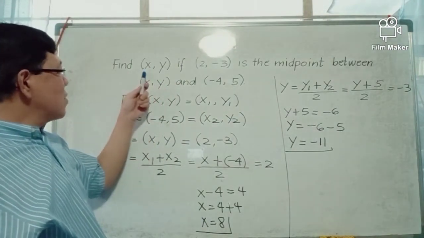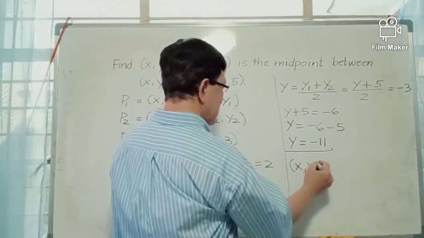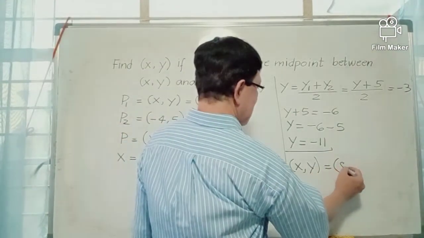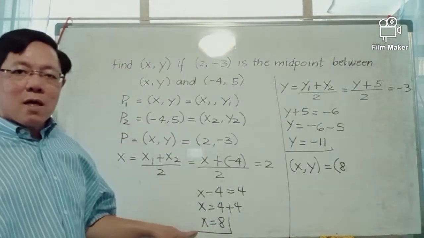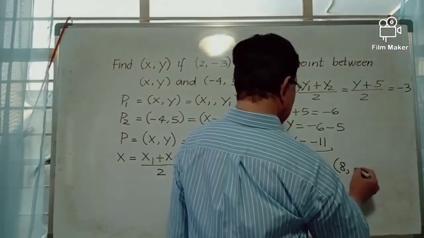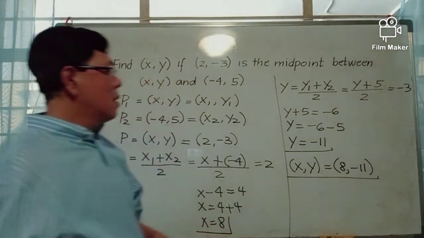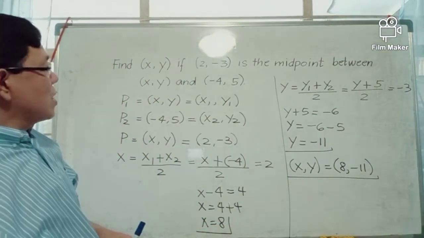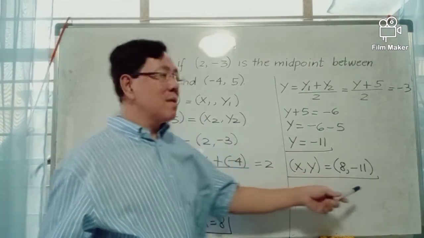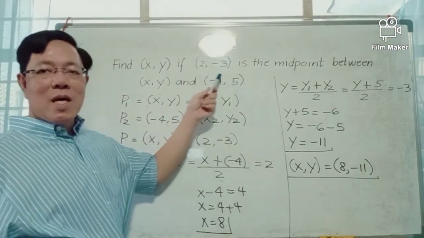Hence, the coordinates of the unknown point xy are: 8 is x and the ordinate y is negative 11. And the midpoint between xy, 8, negative 11, and the point negative 4, 5 is the point 2, negative 3.